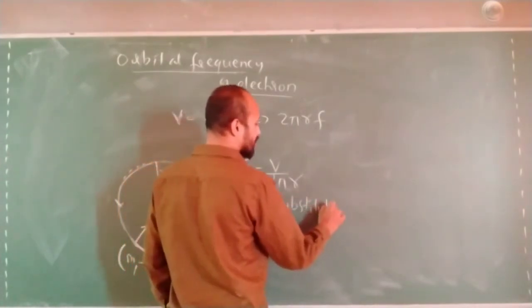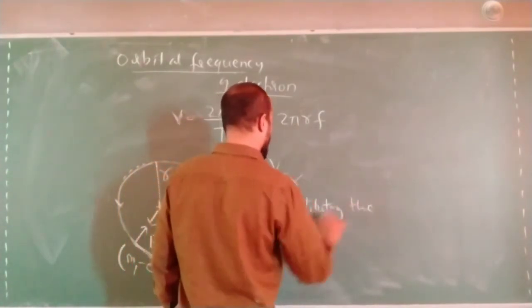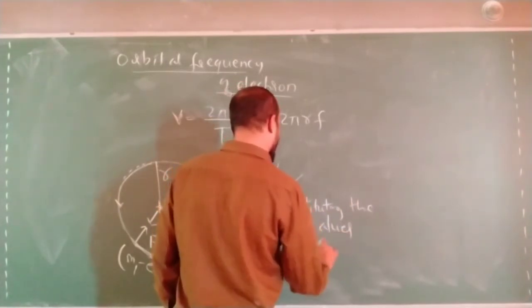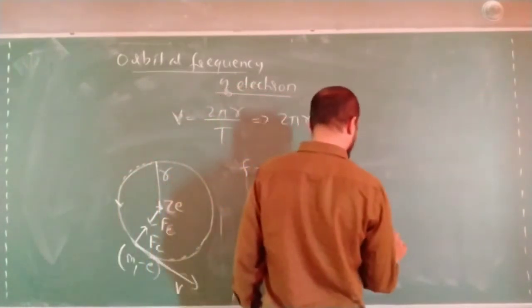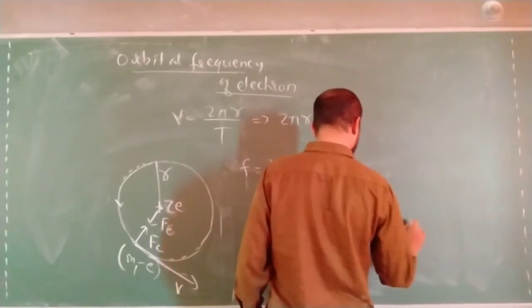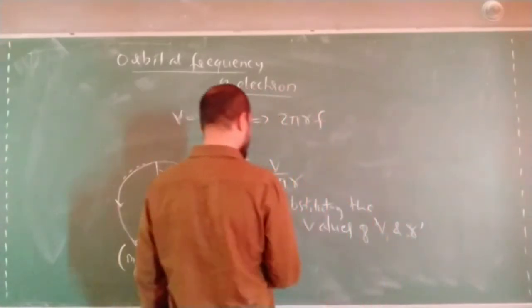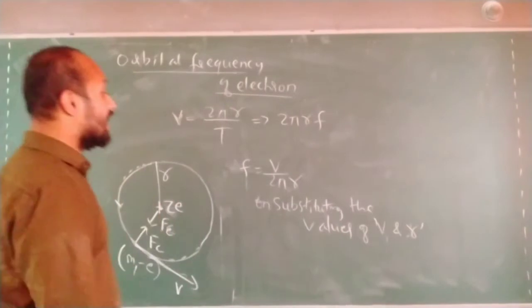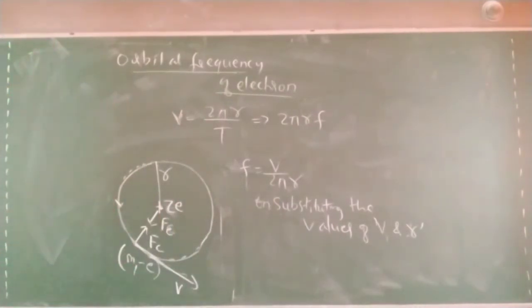On substituting the values of V and R. What is V? The velocity or speed at the nth orbit. What is R? R is the radius of the nth orbit.